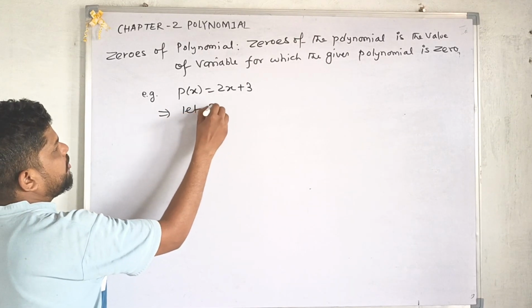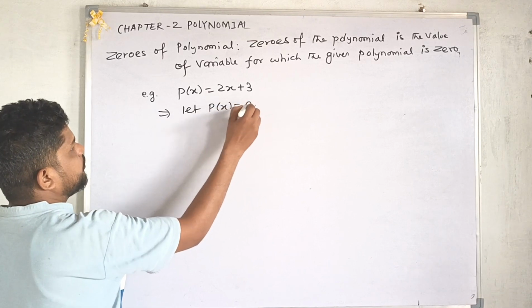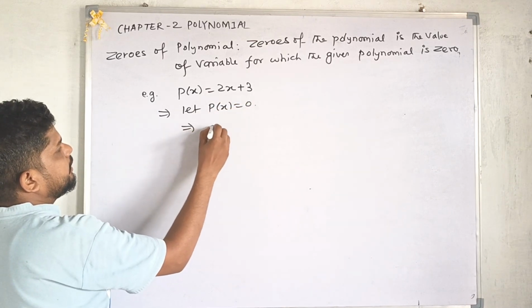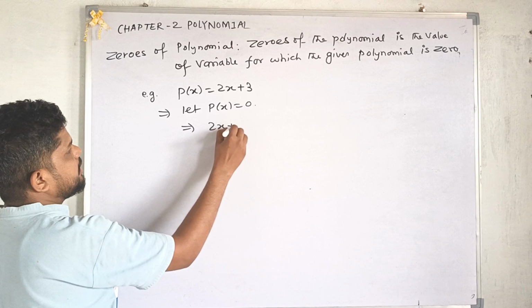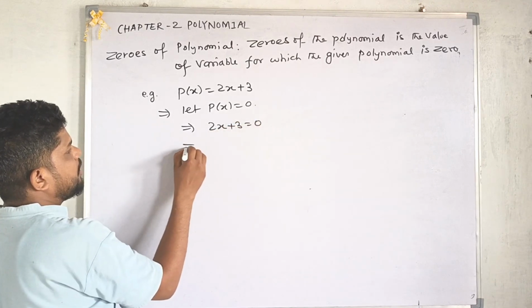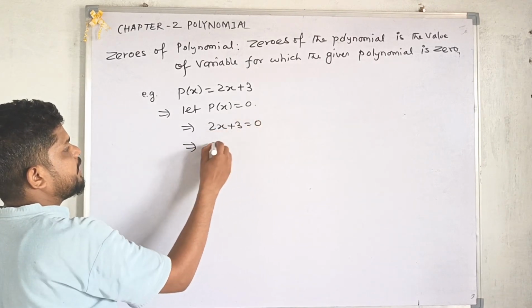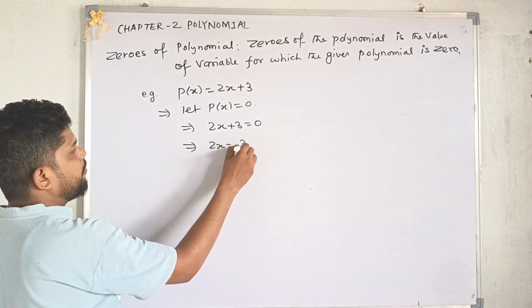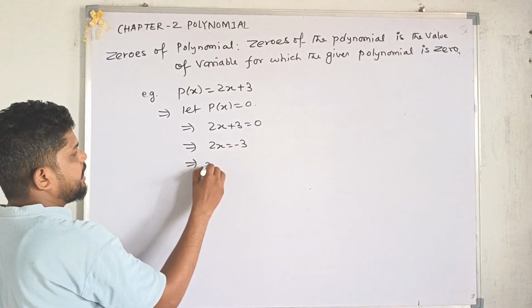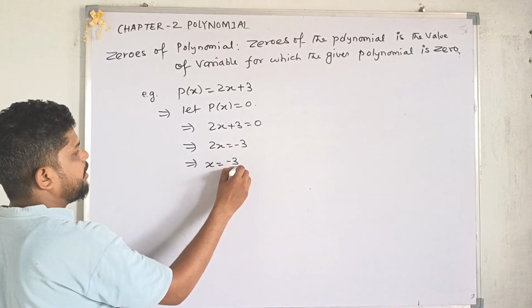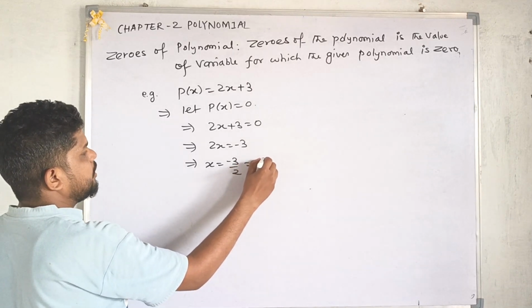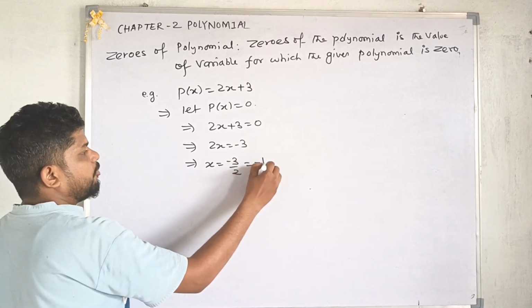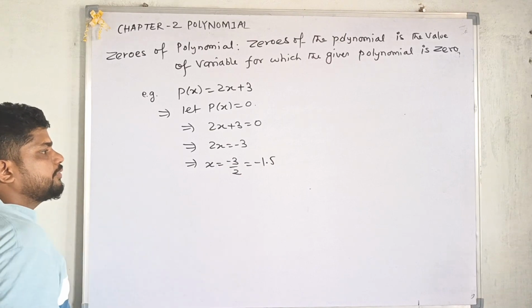Let p of x be 0, then we get 2x plus 3 is equal to 0. When we transpose, we get 2x is equal to minus 3, that is x is equal to minus 3 by 2, which is minus 1.5.